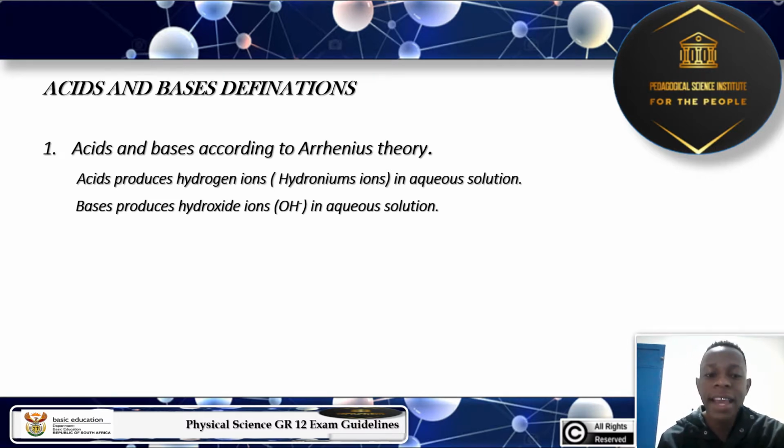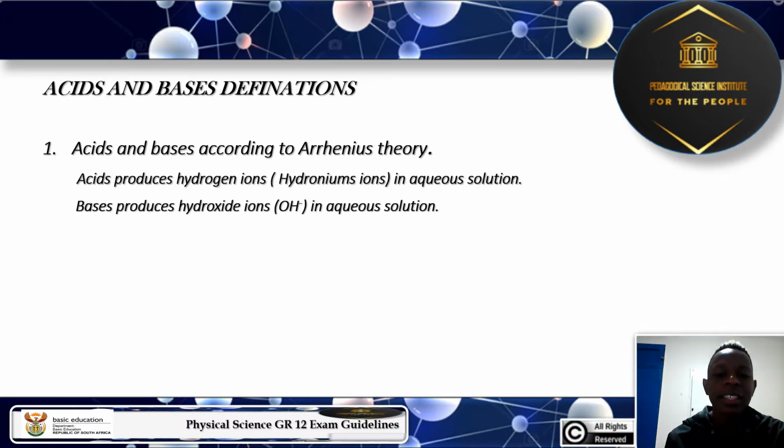Hence, bases, when they are in aqueous solution, are going to produce what? Hydroxide ions. So base, according to Arrhenius theory, we are saying bases produce hydroxide ions in aqueous solution. That is the difference. Acids produce hydrogen ions in aqueous solution, while bases produce hydroxide ions in aqueous solution.